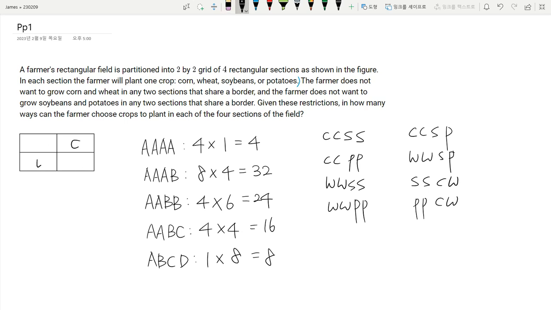So C, W or S, P can move back and forth. So four cases. So one choice and eight arrangements. So the possible case is eight. So the sum of these five is 84. So there are a total of 84 possible cases.